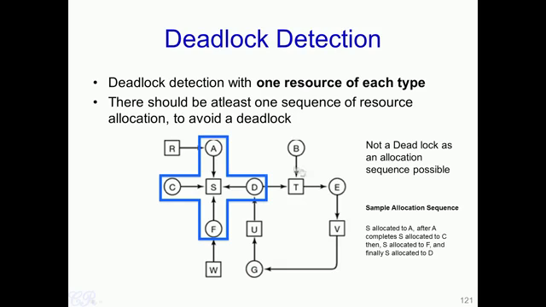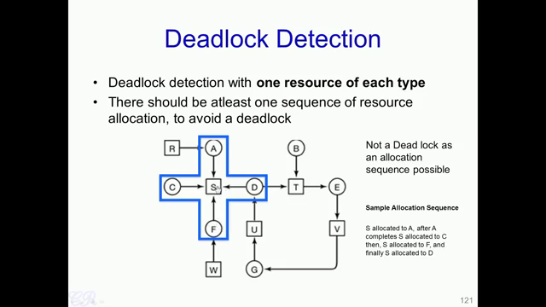Now, the other aspect is there could be requests as shown over here, where there is a resource S and it is requested simultaneously by A, D, F and C. We see that this is not in a deadlock state, because there is some sequence of allocation of S to all these processes.